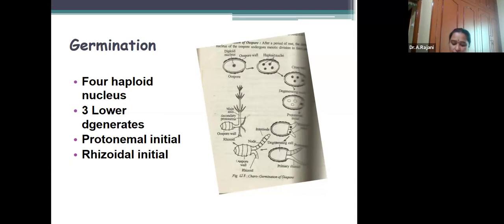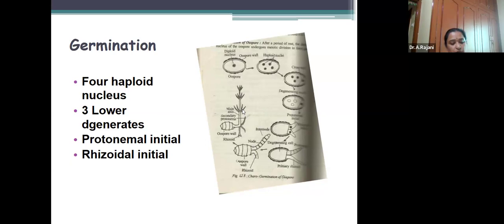The upper cell divides vertically to form a rhizoidal initial and a protonemal initial. Both these cells grow in opposite directions. You can observe the opposite directions. The rhizoidal initial shows positive geotropism and forms the primary rhizoids, whereas the protonemal initial shows negative geotropism and forms the primary protonema.